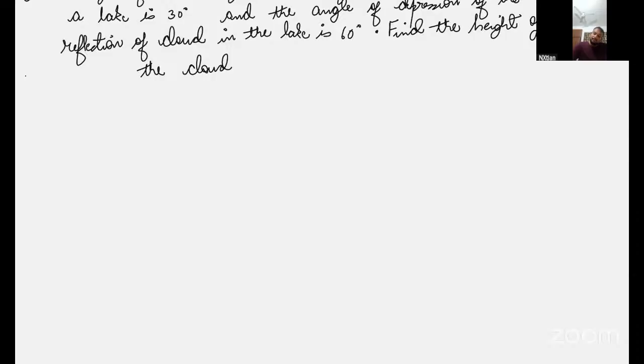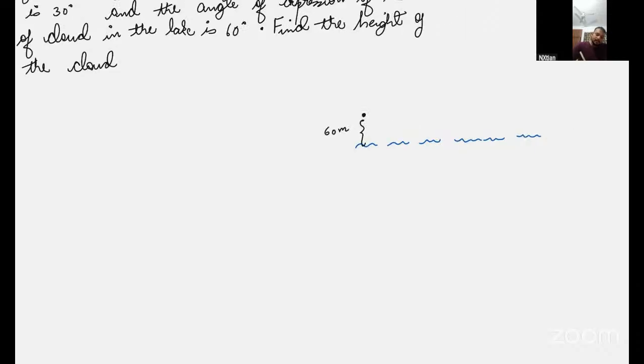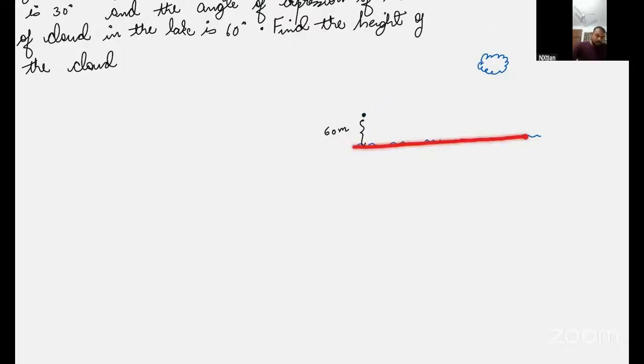Okay, so for example, this is a lake, and this is a point which is 60 meter above the lake. And there is a cloud, for example, this is a cloud. It is said that the point is 60 meter above the lake.